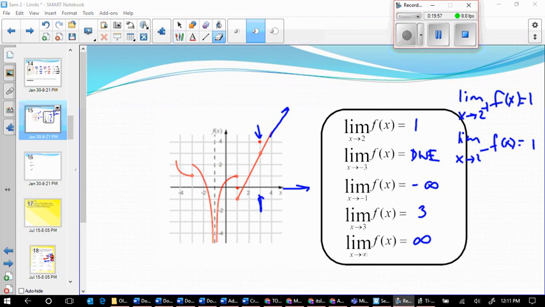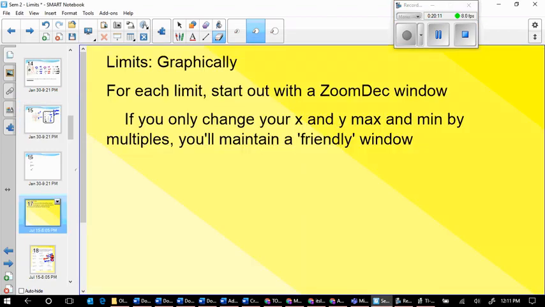For most of our purposes, looking at things graphically is probably going to be the easiest way to find a lot of our limits. If the values are a weird fraction or a weird decimal, looking at a table is ultimately going to help you. But graphically is probably the easiest visual way of seeing it.